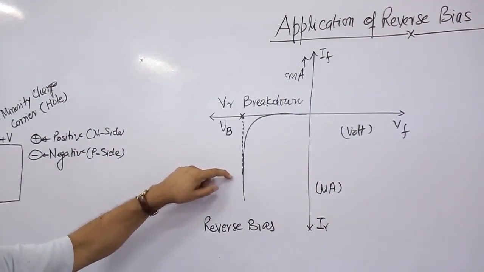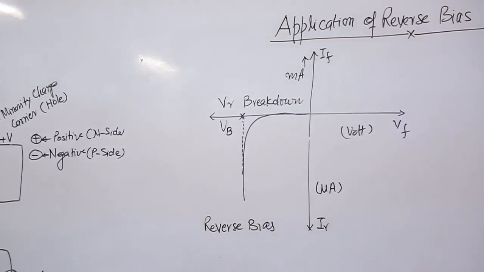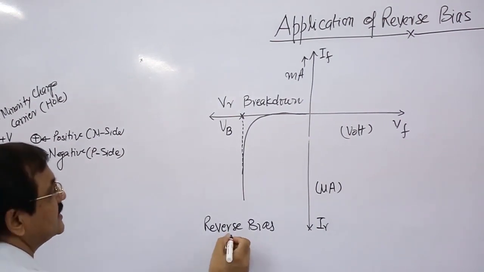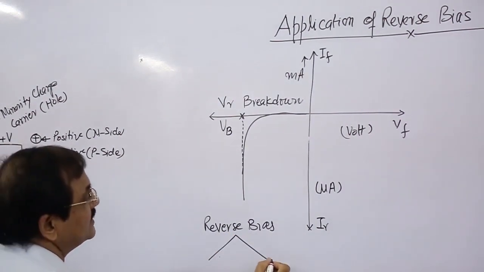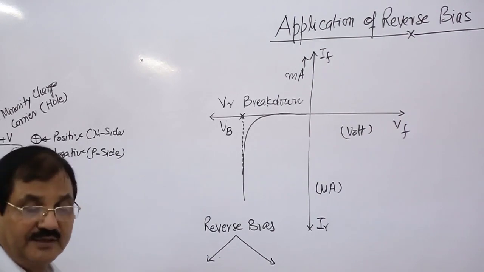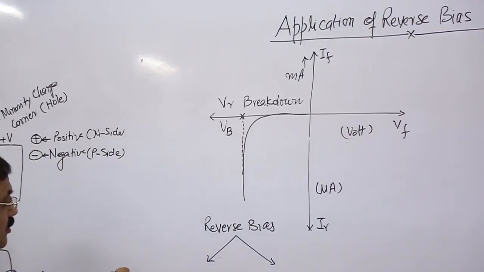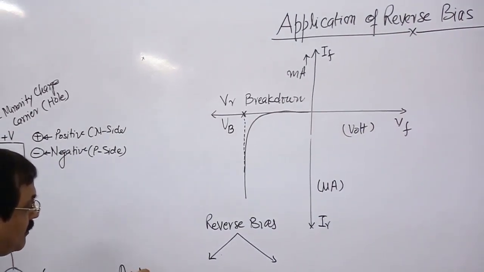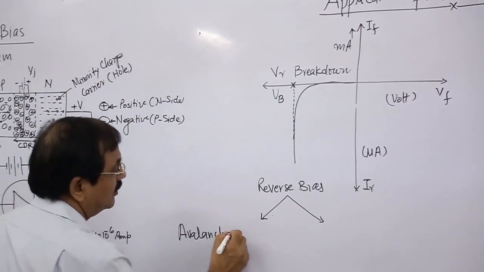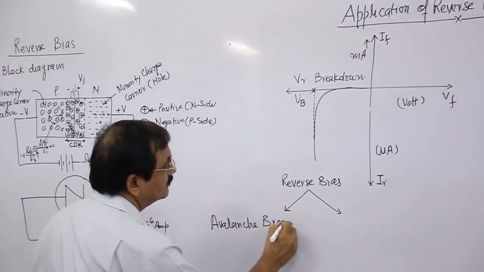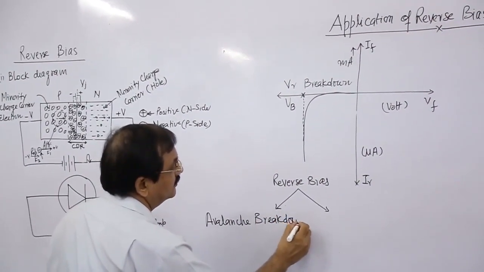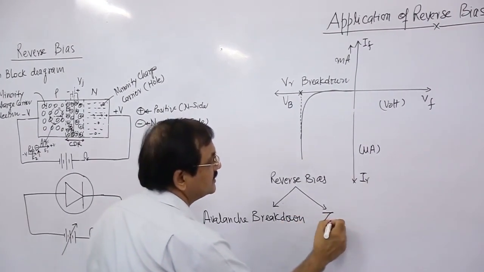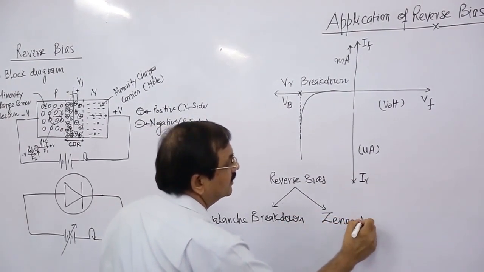This breakdown is of two types, as we discussed in the previous lecture: avalanche breakdown and second, Zener breakdown.